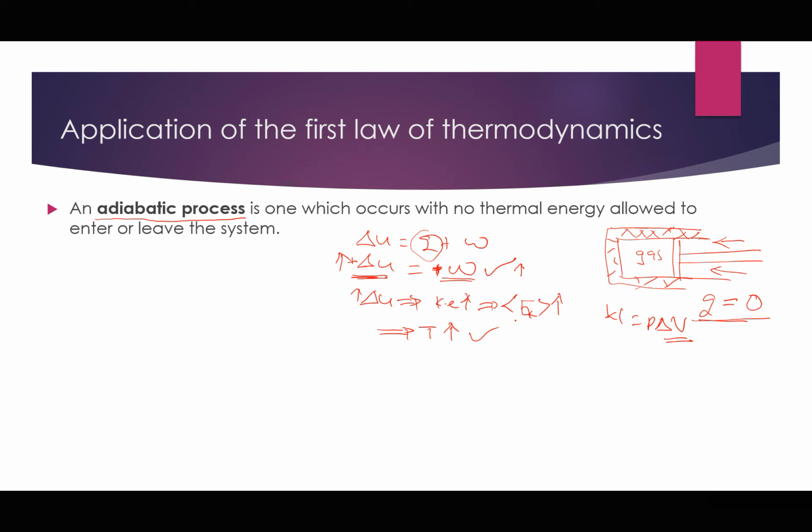But we may not even insulate, and we can still continue doing work. An adiabatic change or an adiabatic process can still be achieved by moving the piston rapidly. If you have had a bicycle and you try to pump air into the bicycle very fast, that is called brisk pumping.